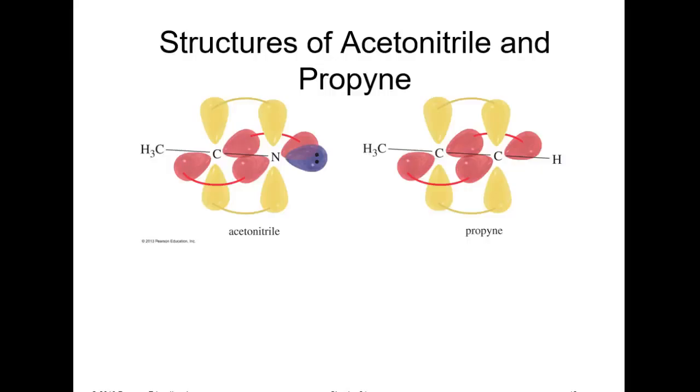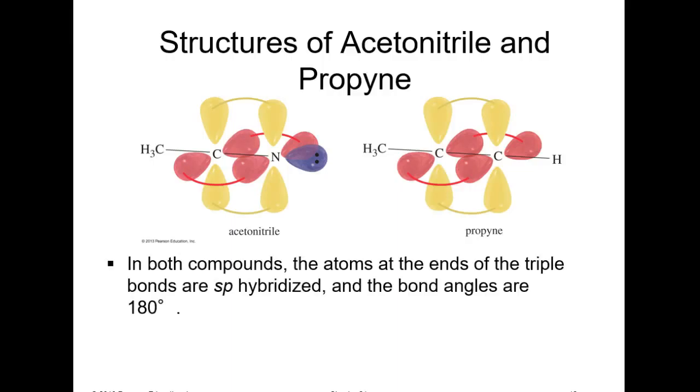Acetonitrile is a linear molecule. To show you it's very similar, if you see the structure of propyne versus acetonitrile, they're very similar, except you've got a lone pair. In both compounds, the atoms at the ends of a triple bond are sp hybridized, and the bond angles are 180 degrees.